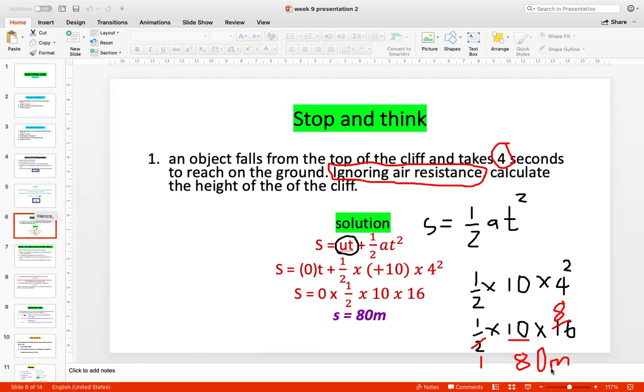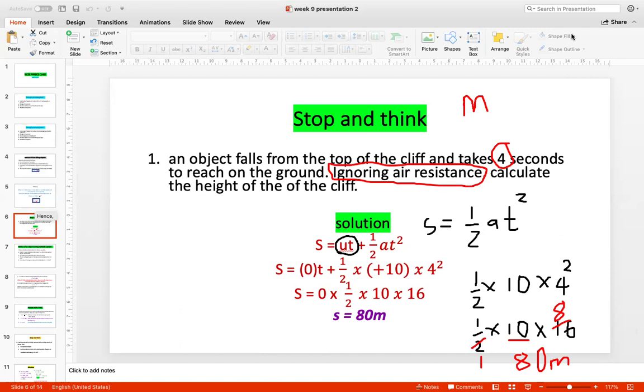So like I said, there are many things that act on the object, but some of them are ignored, like we ignored air resistance. So even in this case, the mass is ignored. But practically, we understand that the object that has a larger mass, we expect that when it drops, it reaches the ground earlier than the lighter one.